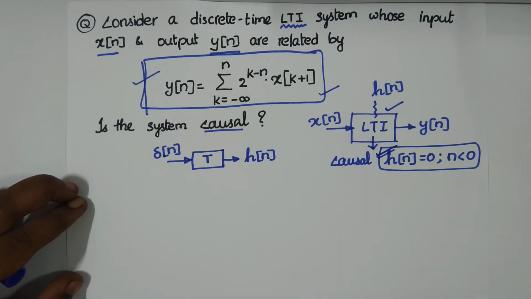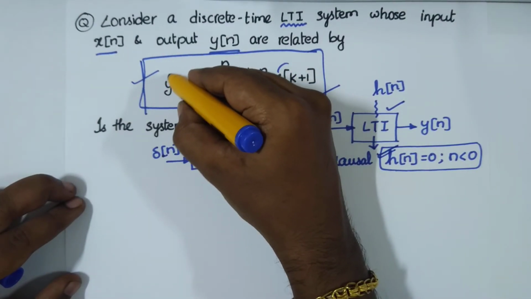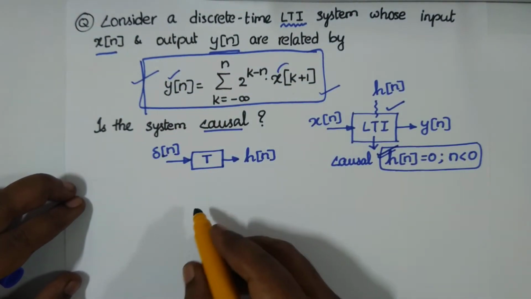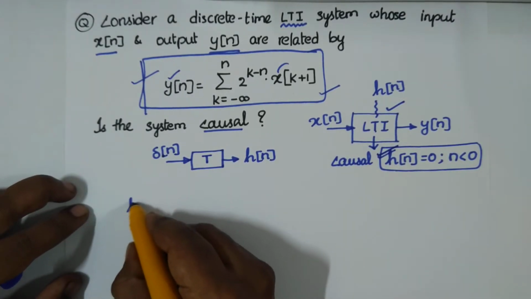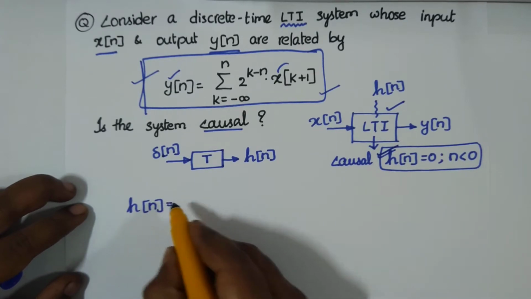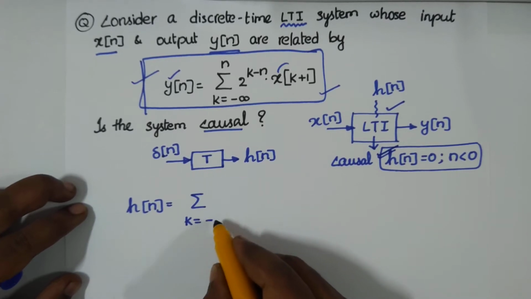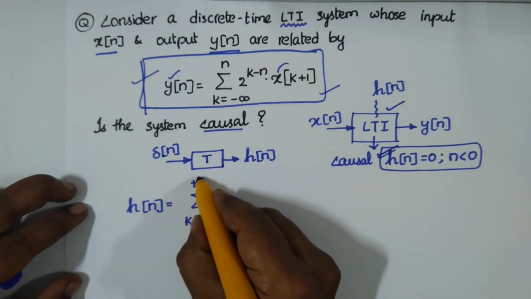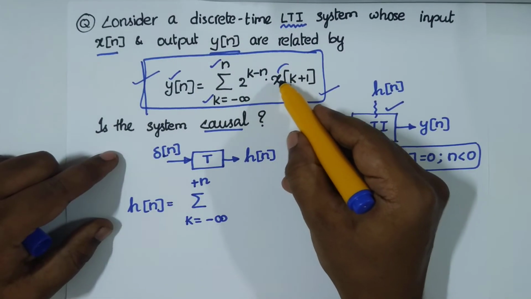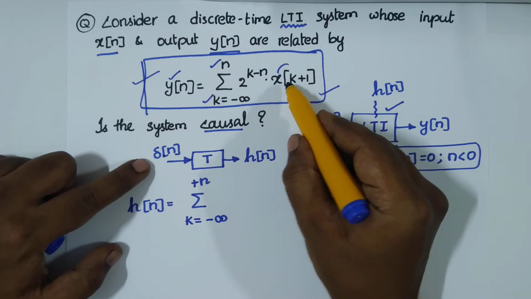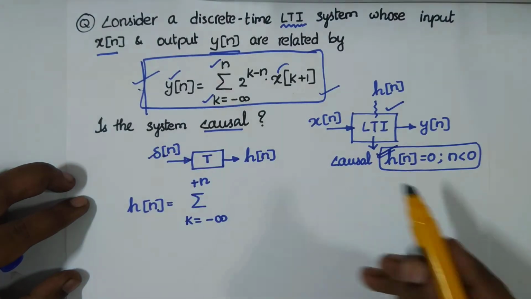Therefore, the impulse response of the system h of n is equal to the sum over k running from negative infinity to positive n. Whenever I take x of n as delta of n, then y of n becomes h of n, so I am using this.